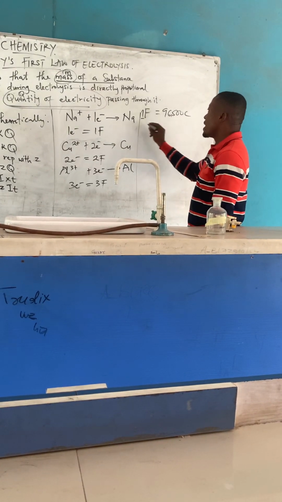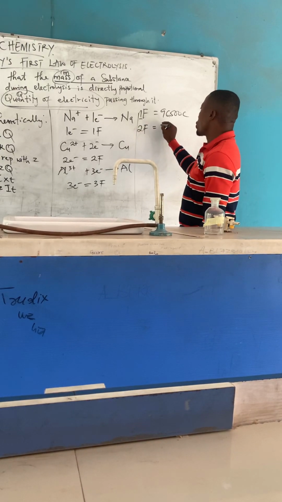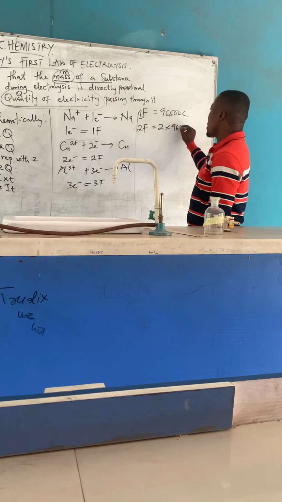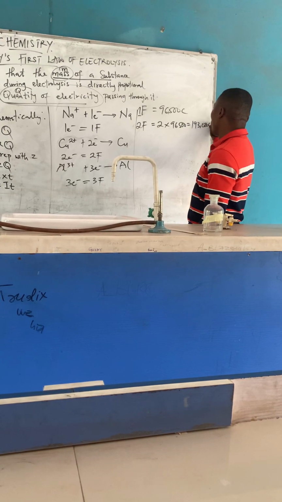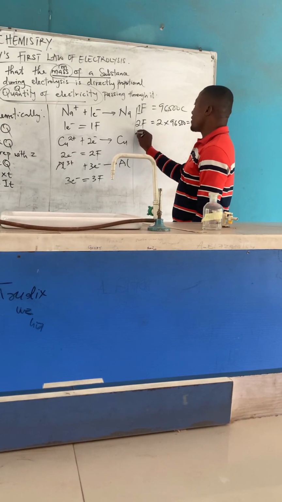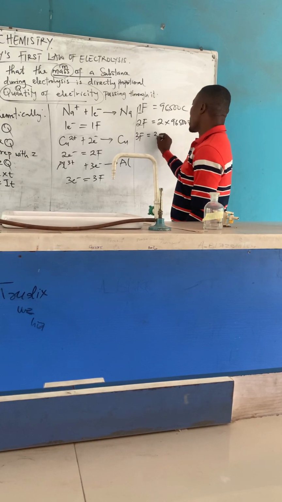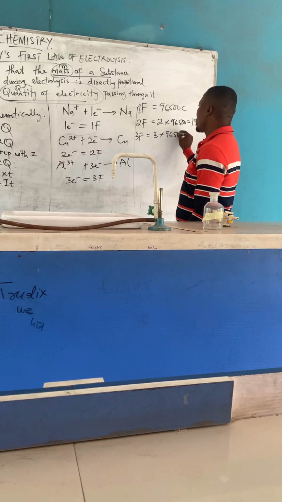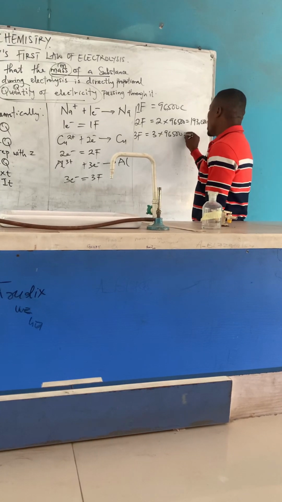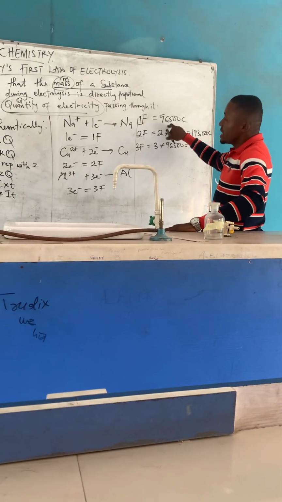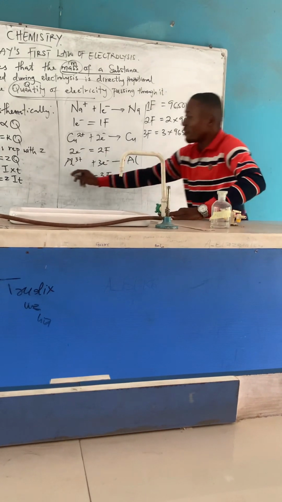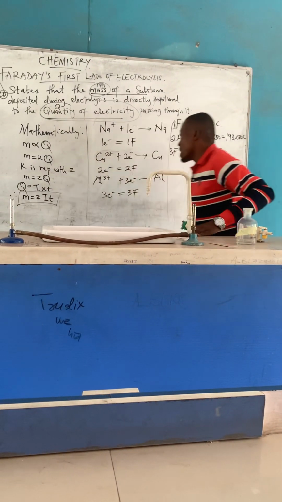Just know this number. 2 Faraday is equal to 2 times 96,500, which will give us 193,000 coulombs, and so on and so forth. If we have 3 Faraday, it will still give us 3 times 96,500.